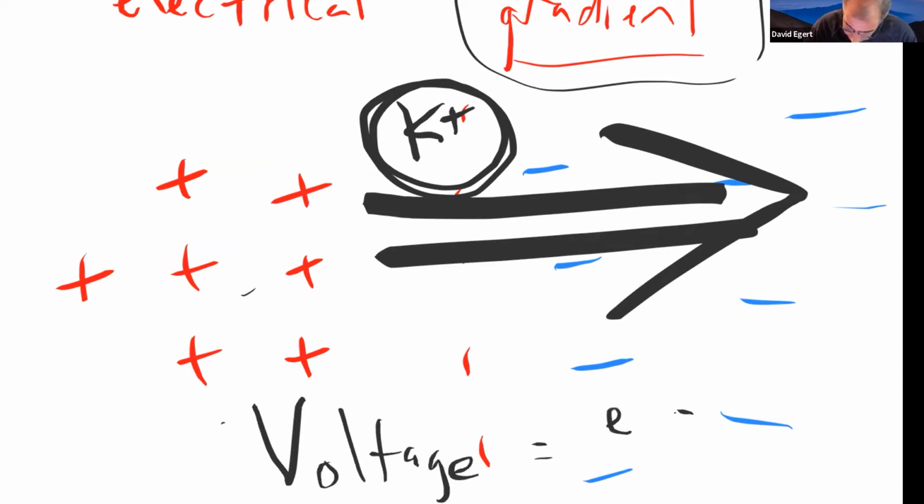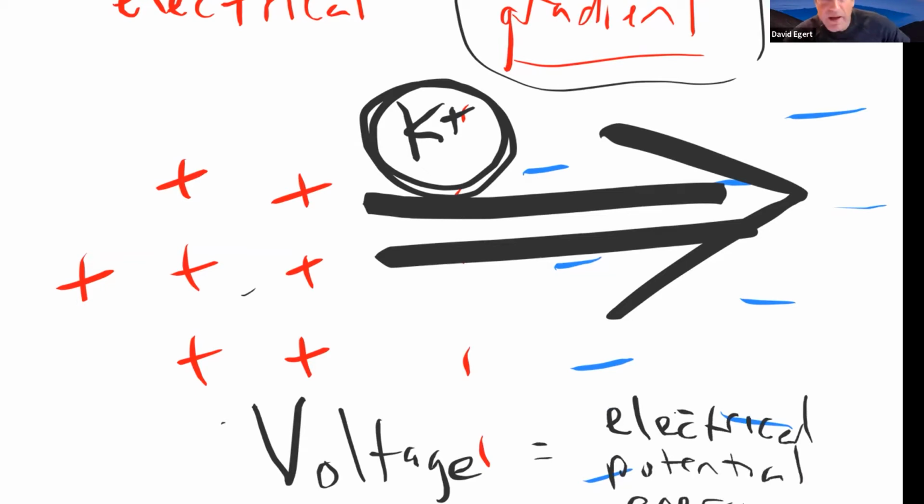Voltage is electrical potential energy. When we talk about there being a voltage across the two sides, that means there's a charge imbalance that's going to make some other charge want to move from one side to the other. The higher the voltage, the stronger that force is to move it from one side to another.